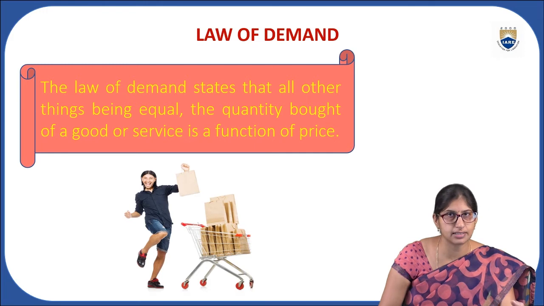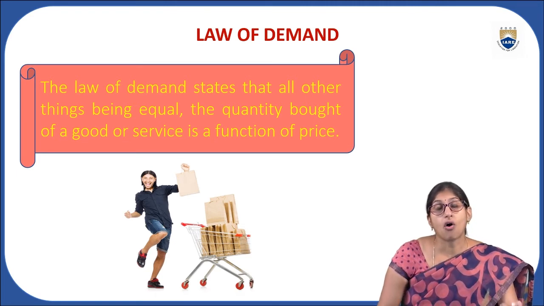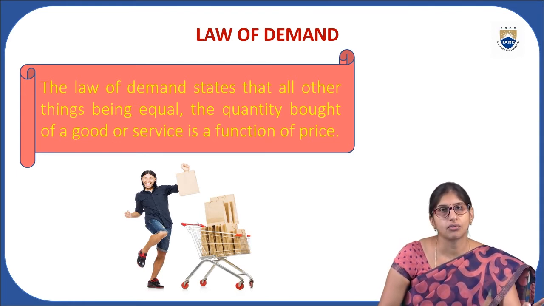Demand is decreasing, right? If price decreases, demand is increasing. This is what the law of demand states. All other determinants must be constant, then only this law of demand holds good. So this is all about the law of demand.